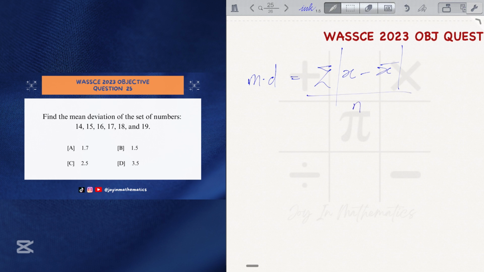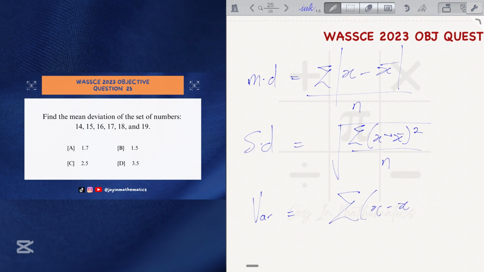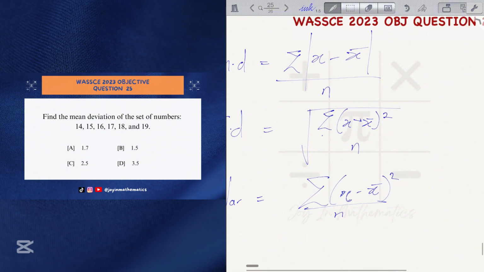The standard deviation, however, is the square root of the summation of x minus x bar squared, divided by n. And the variance, which is the square of the standard deviation, is simply the summation of x minus x bar squared divided by n. Remember, variance is standard deviation squared.